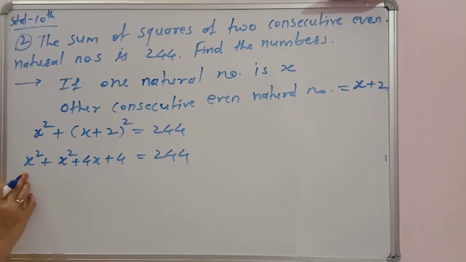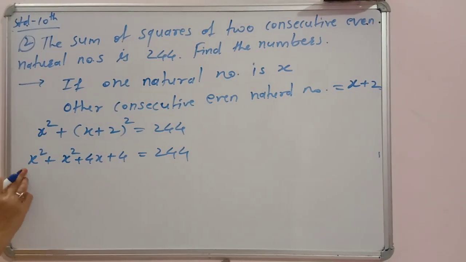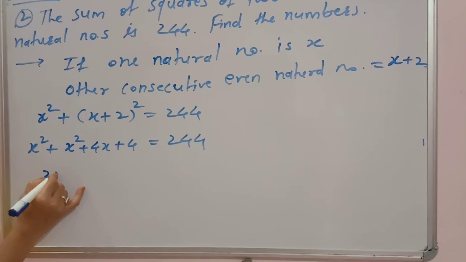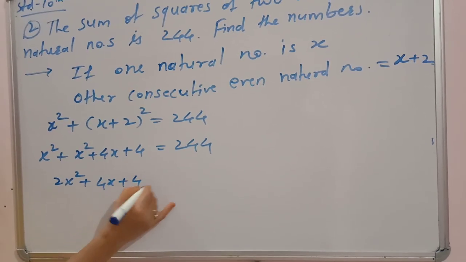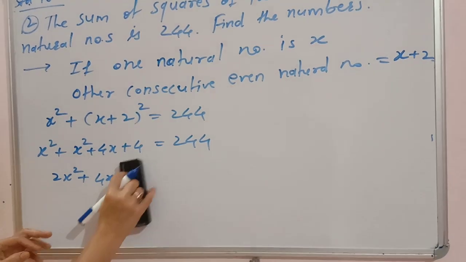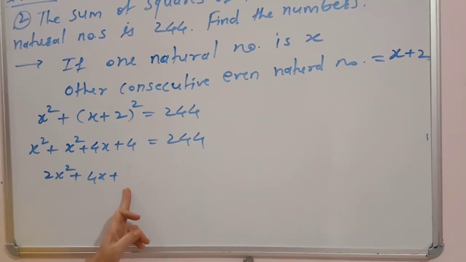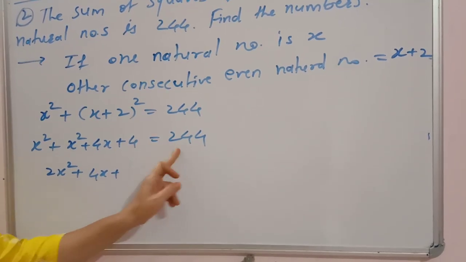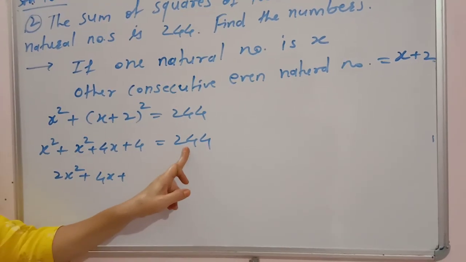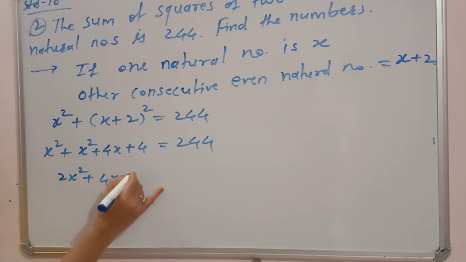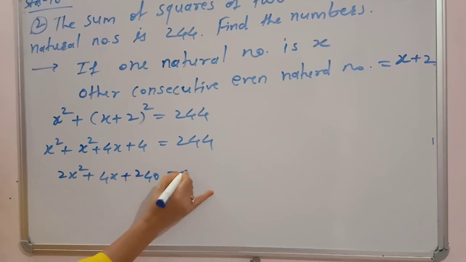Now add the like terms: x square plus x square is 2x square, plus 4x plus 4. Take this 244 to this side and it becomes negative 244, and 4 minus 244 is negative 240, equal to 0.